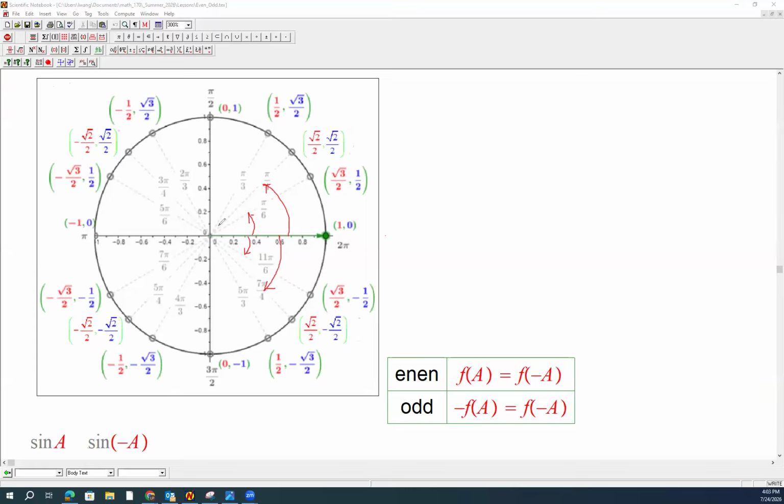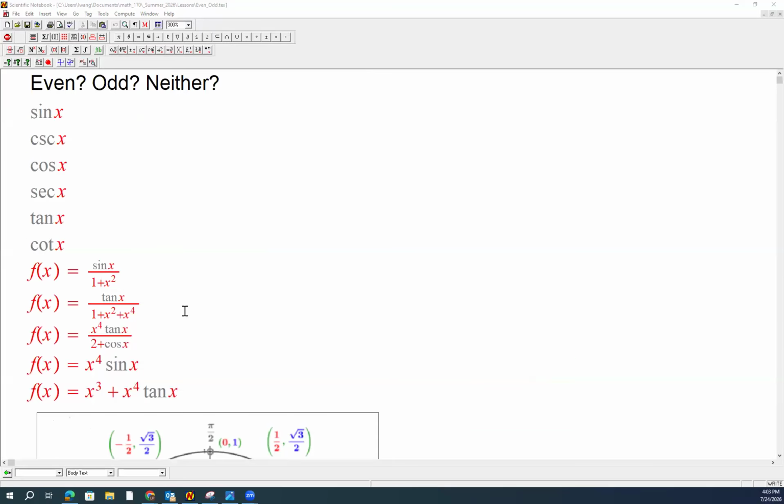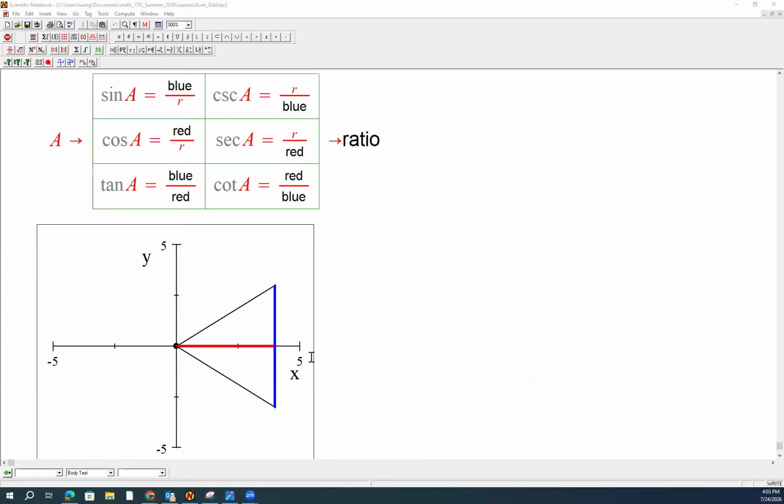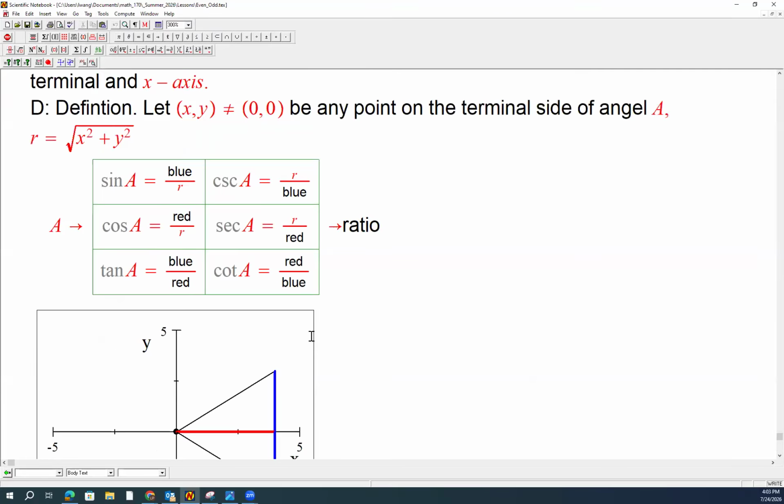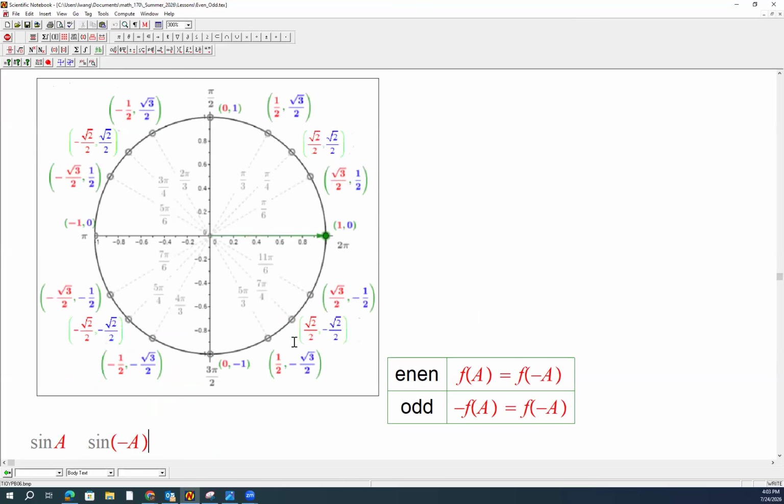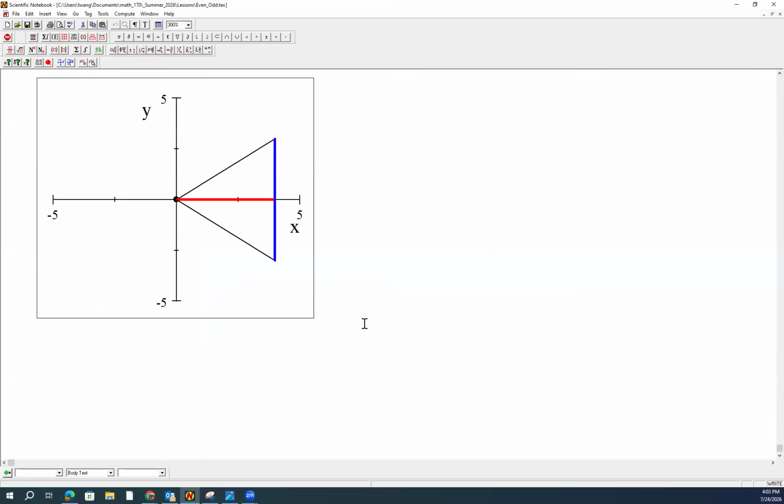If you look at an arbitrary situation, that will be considered a better proof, which is what I just drew as a picture here, right? And I'm just observing sine.